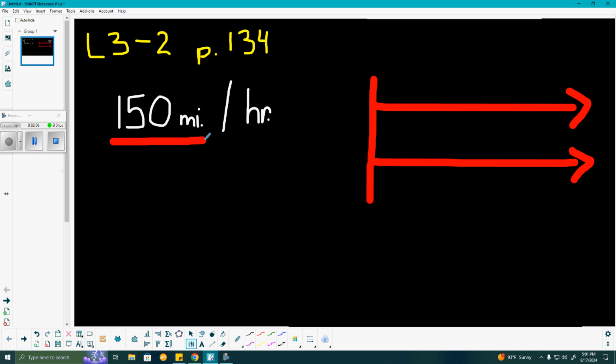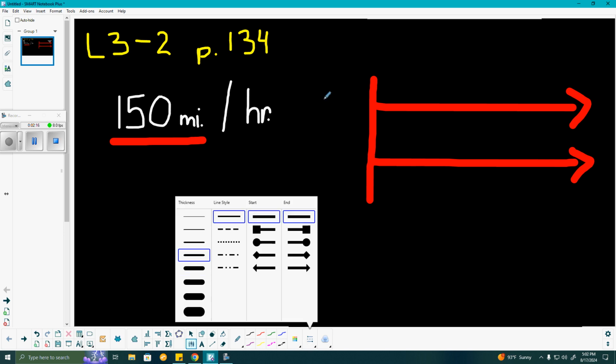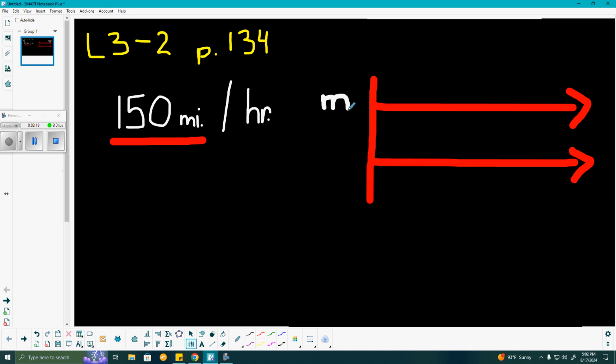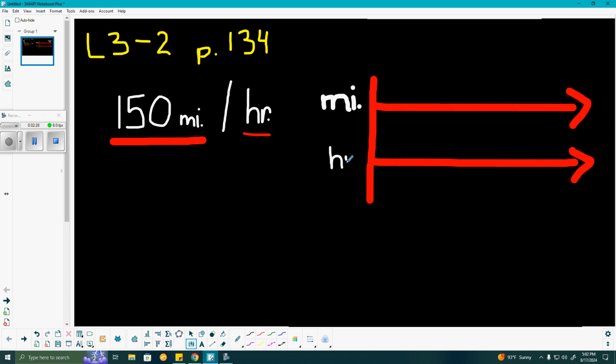Make sure that you keep the terms in order. So if it says miles first, then you should put miles first. MI. And if it says hours second, then hours should be second or on the bottom.